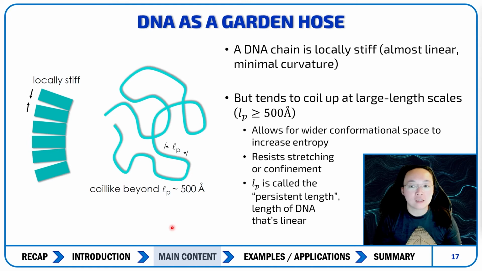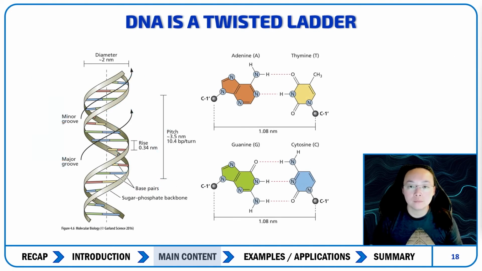The persistent length is 500 angstrom because we call it locally stiff. Anything past that, we can consider it to be a coil-like state. So when we take a look at the DNA in a short section, we consider it as a twisted ladder. A ladder is very stiff. It still remains fairly stiff, but it has to maintain that stiffness because it has to maintain a twisted ladder shape.